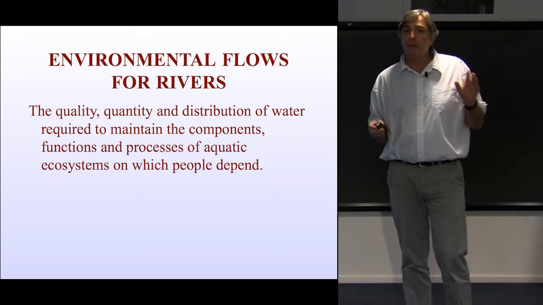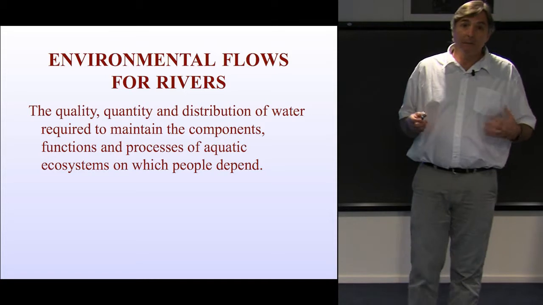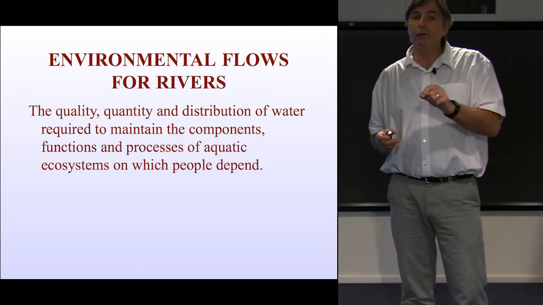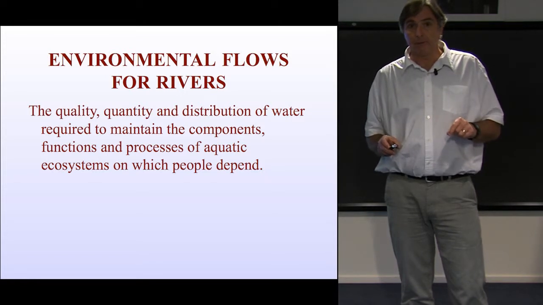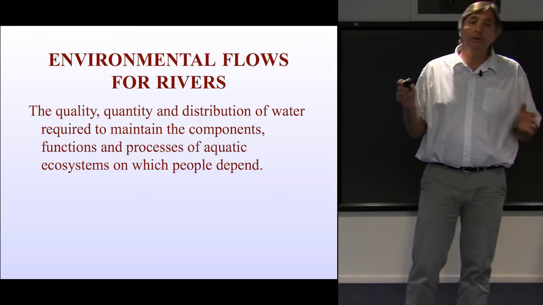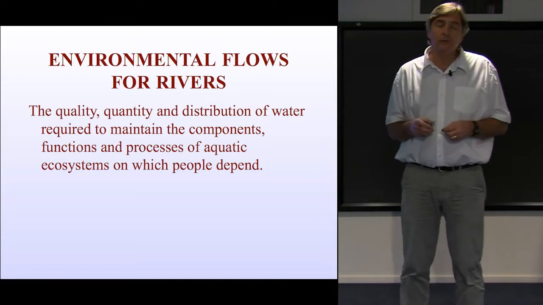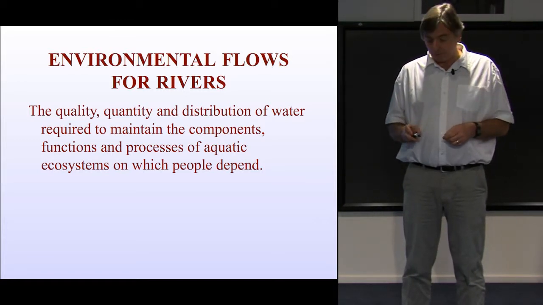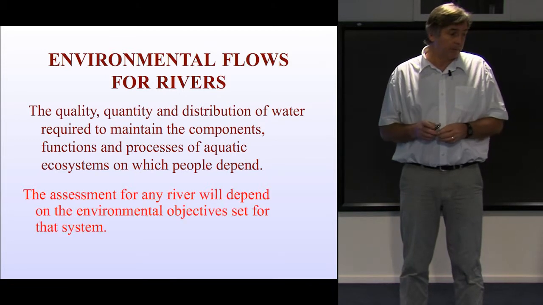So this is not just about the nature conservation in the river. This is about what rivers do for people. Okay, and maintaining a flow regime, a modified flow regime usually, which will continue to provide the goods and services that people want from the river.